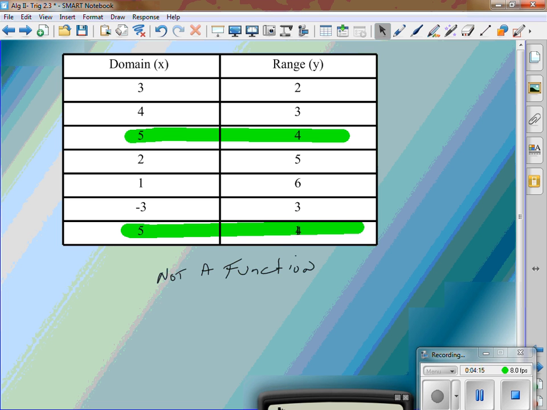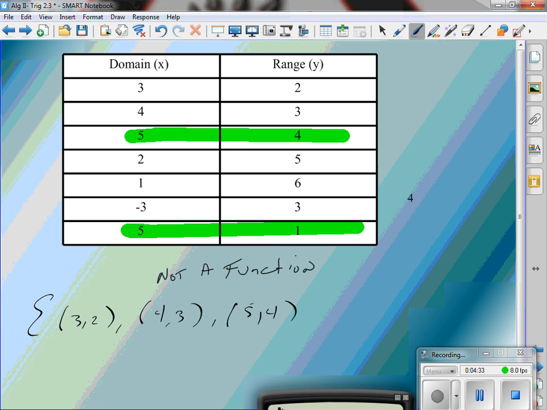All right. So because 5 went to 4 and 5 went to 1, it wasn't a function. The other way you're going to see it is instead of in table form, is like this. You just need to look right there.